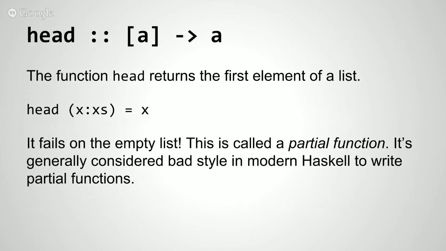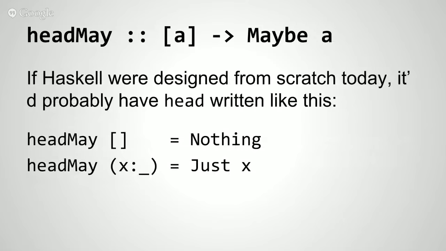So head looks like this, and it actually fails on the empty list. If you give it the empty list, it doesn't know what to do. So we call that partial. That's generally considered bad style. So if Haskell were designed now, probably head would be like safe's headMay, which returns a Maybe.